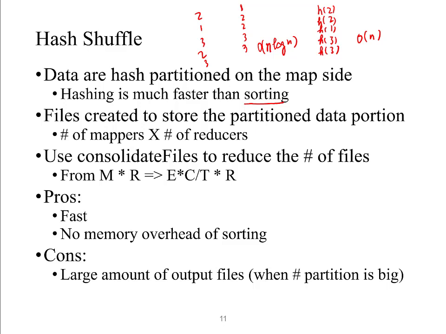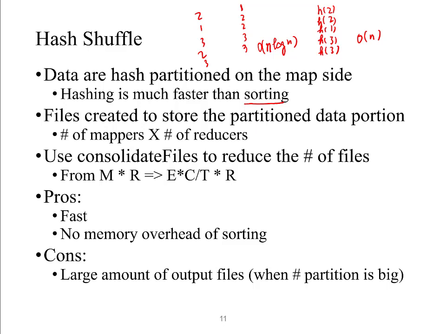But hash shuffle will create files to store the partitioned data portions. Let's define the mapper and the reducer. Although there is no mapper and reducer in Spark, let's say the mapper is the one before the shuffle, and the reducer is the one after the shuffle. So it is the last operation of the previous stage and the first operation of the next stage.